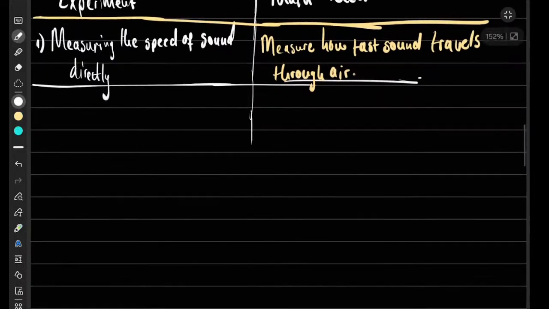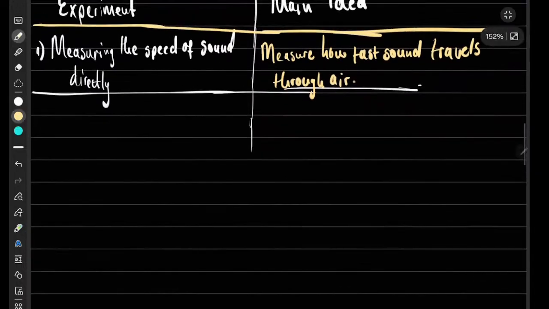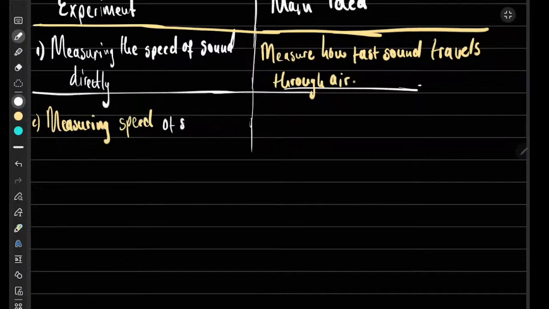So the first experiment will be measuring the speed of sound directly, to check the speed of sound in air. Then the second one will be measuring the speed of sound using oscilloscopes. You're going to learn more about this cathode ray oscilloscope at A-level physics.